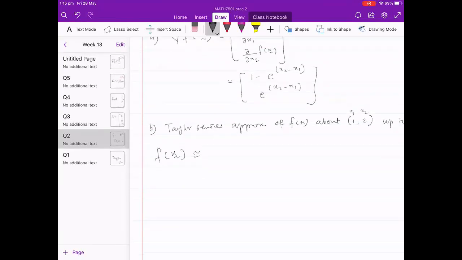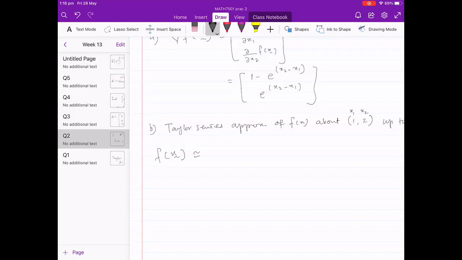The first term oscillates, right? There's a minus. Sorry. The first one oscillates means the first derivative will be plus, and the second one will be minus, and plus minus, it goes on.